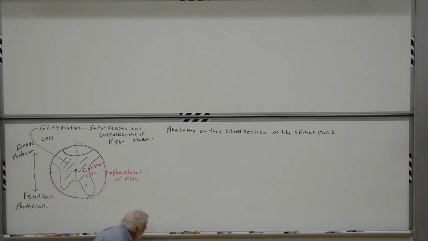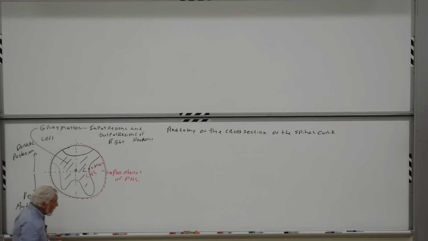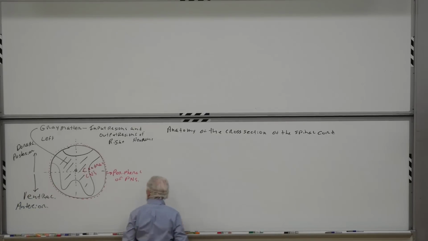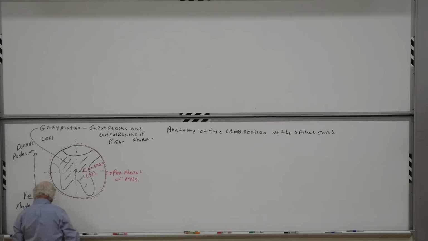We can further divide this gray matter with a little bit more nomenclature. And if you take an anatomy course, you'll find that we divide this way down into a number of different regions. But the region I want to tell you about here is the region up here called the dorsal or posterior horn.